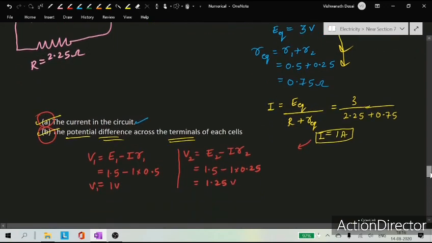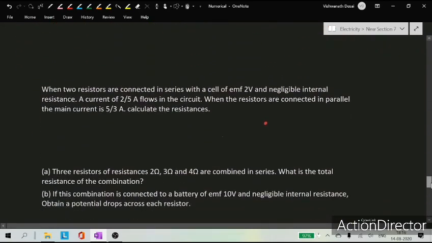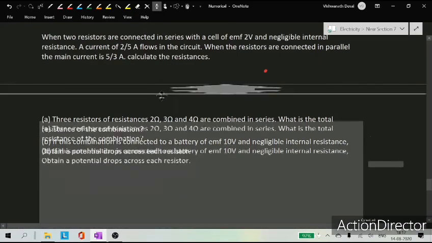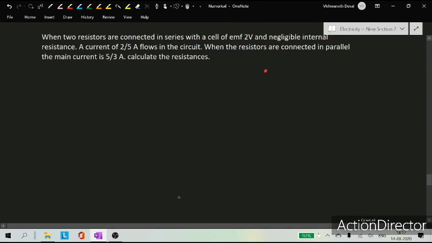Next, we will move on to the next problem. Okay, this kind of problem we solved in capacitors also. This problem was in 2016 March or 2017 March. Asked already.